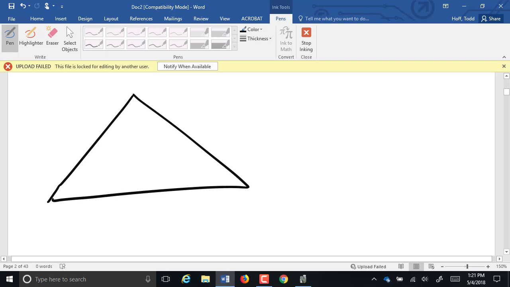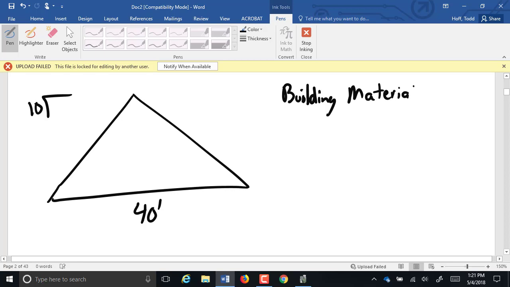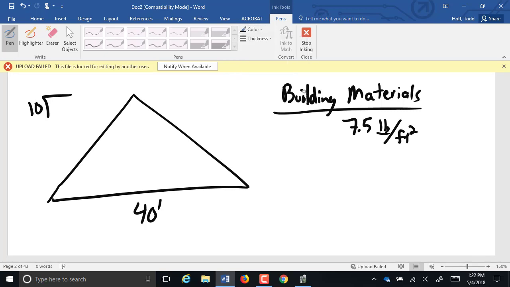So we have a 40-foot roof with a 10/12 slope. Figure building materials are 7.5 pounds per square foot.